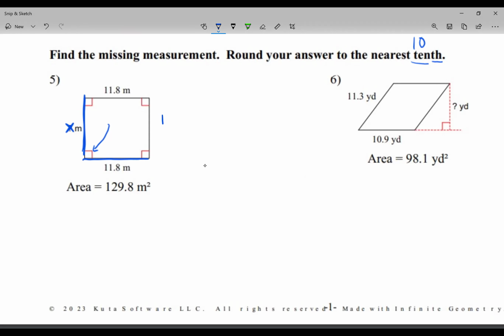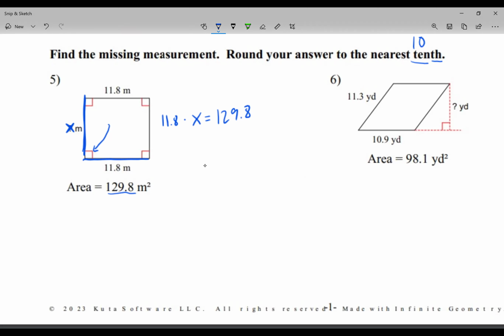So 11.8 times X, because I'm multiplying the two measurements that meet at the 90-degree corner, that's going to give me the area. And I know the area is 129.8. So 11.8 times X is equal to 129.8.